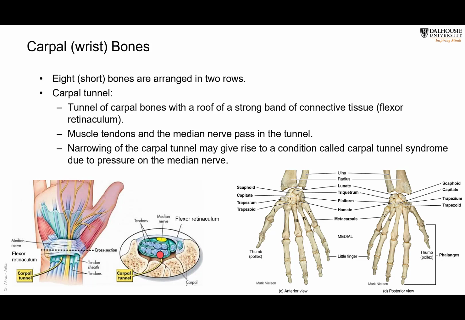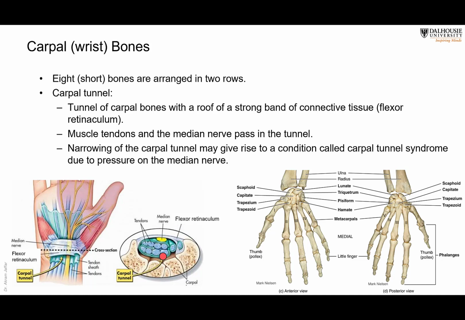Through this tunnel pass a lot of tendons, the tendons of muscles of the forearm that move your fingers. These tendons are crowded here in a very tight compartment. Unfortunately, in addition to these tendons, we have a nerve, called the median nerve, that also passes through this tunnel. Other nerves and vessels pass superficially; they are not trapped in the tunnel.